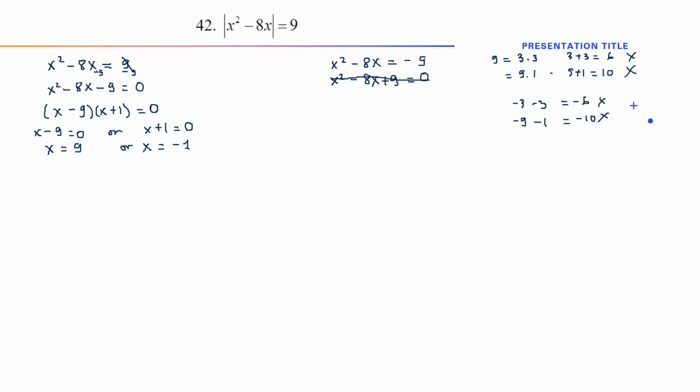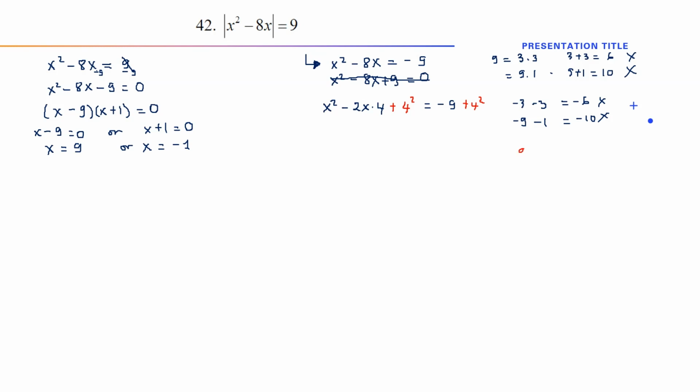It means we will keep the original equation, and then we can use completing the square. So we have x squared minus 2x times 4. 2x times 4 is 8x. We keep the same, and equal negative 9. So to complete the square, we add both sides by 4 squared.